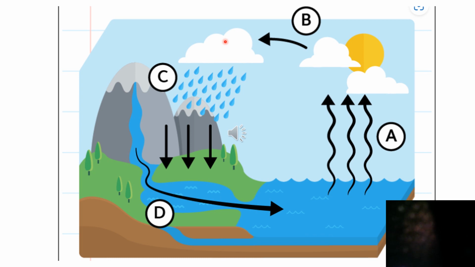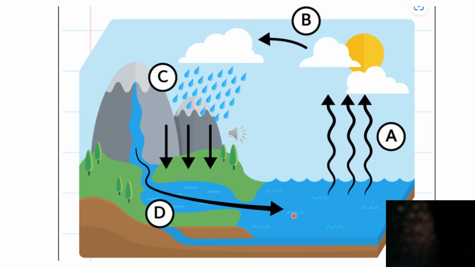Next, in C, as the clouds rise higher in the sky, the cold air causes the water droplets to merge to become larger and heavier, which then fall back to the earth as rain. Next, D, rainwater is absorbed into the earth and flows back into lakes, rivers, and oceans.